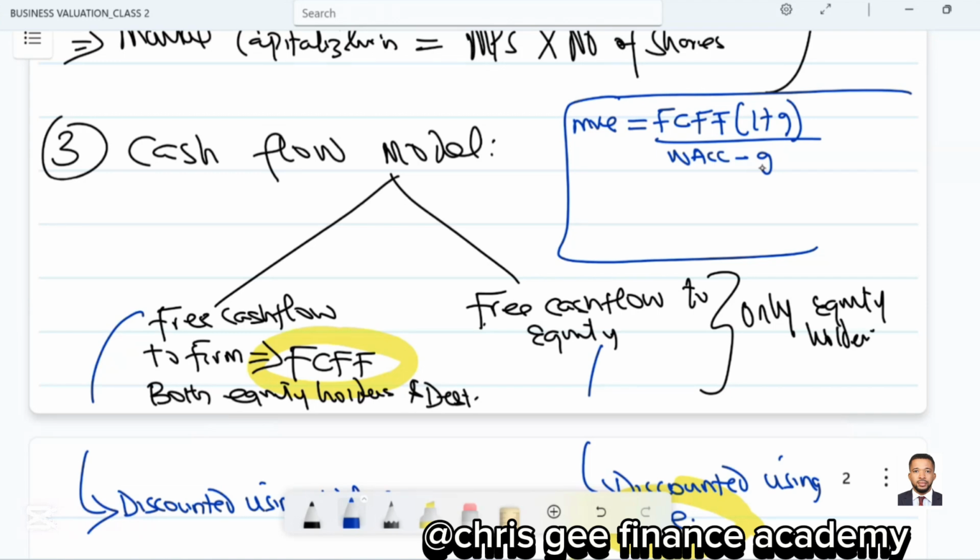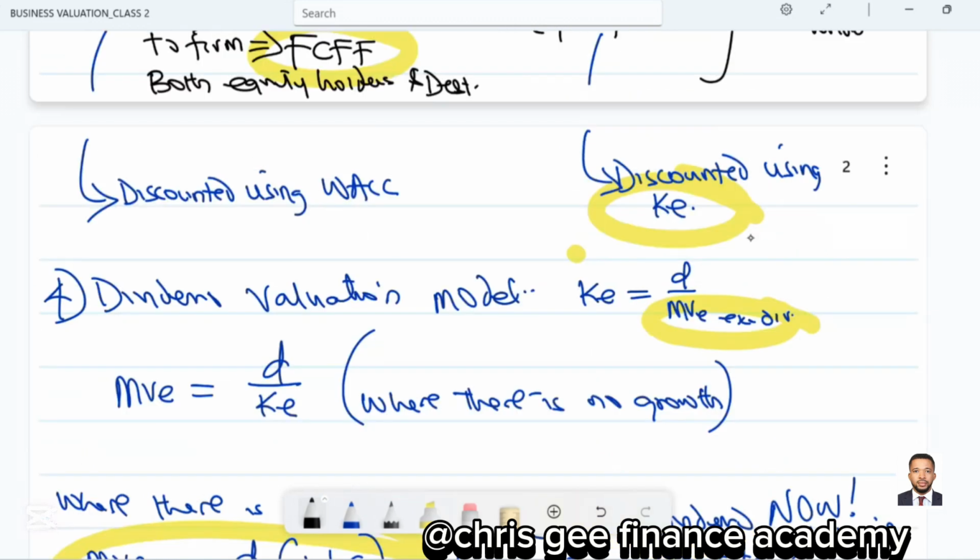Do you understand why I am putting WACC here? Because it is for the firm. If I want to get the market value, I'm not putting equity here. This is not equity now. It is the market value of the business. So if I'm doing it for MVE, this will now be free cash flow to equity times (1 plus G) divided by Ke minus G. No thinking. The same thing that we have under this DVM.